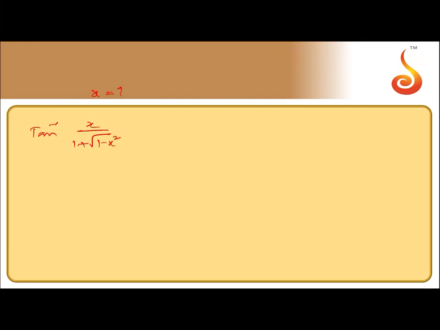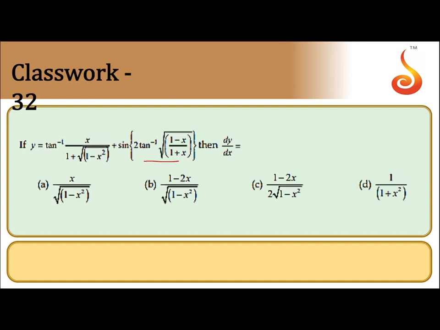I substitute x equals sine theta, so that it is tan inverse of sine theta divided by 1 plus cos theta, and therefore 2 sin theta by 2 cos theta by 2 over 2 cos square theta by 2. Using trigonometry you will be getting tan theta by 2. That is nothing but half theta, but theta is equal to sine inverse of x. So the first one is half sine inverse x.